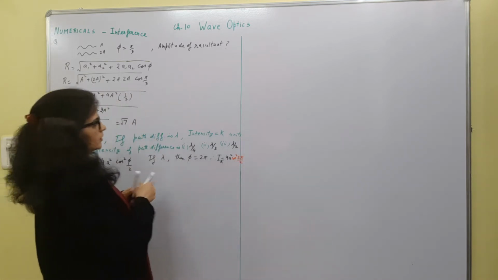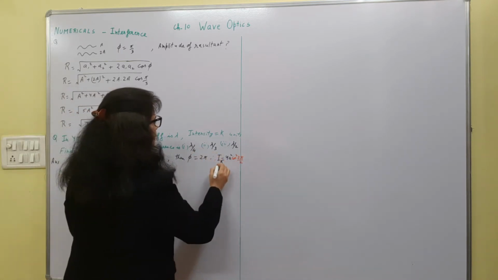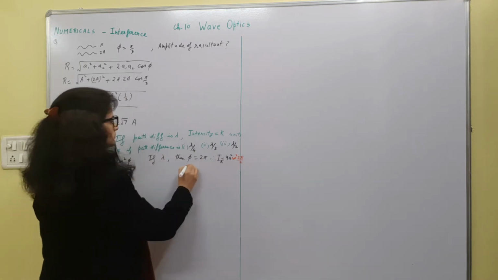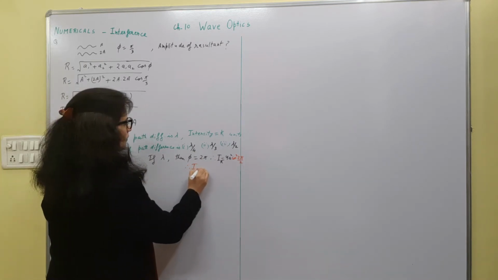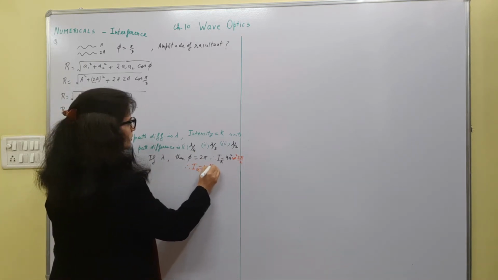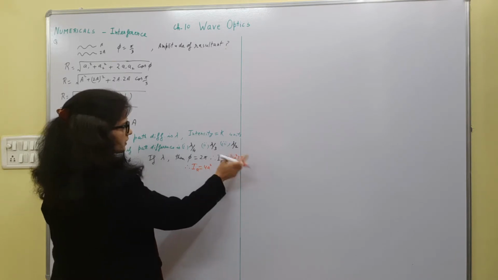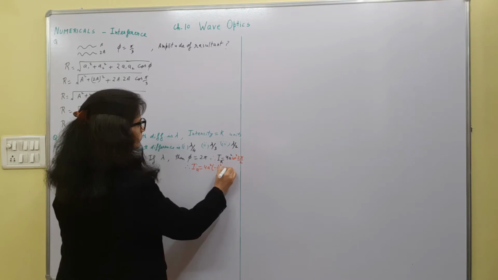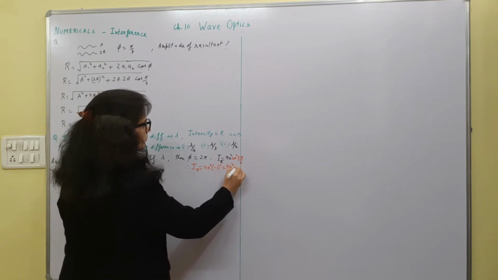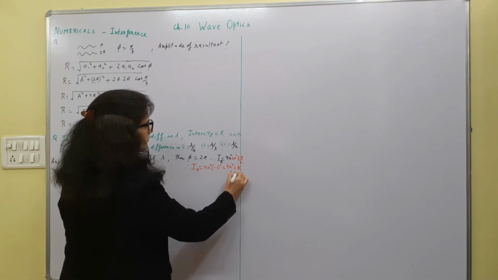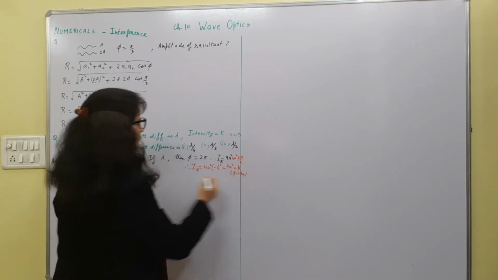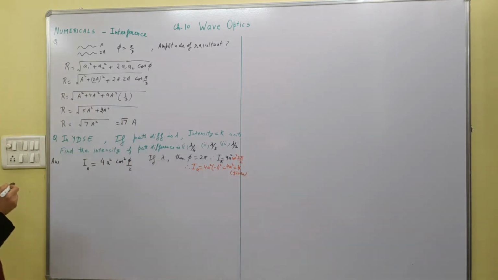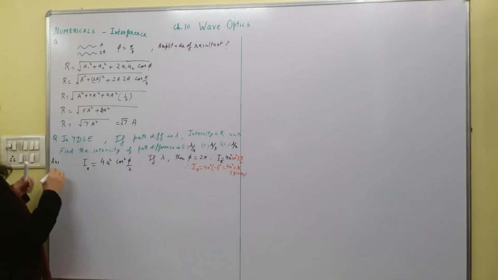That means this will give you 4a square because cos pi is minus 1, square is 1. It is given in the question that this intensity is K. Right? Now let's take the first case.